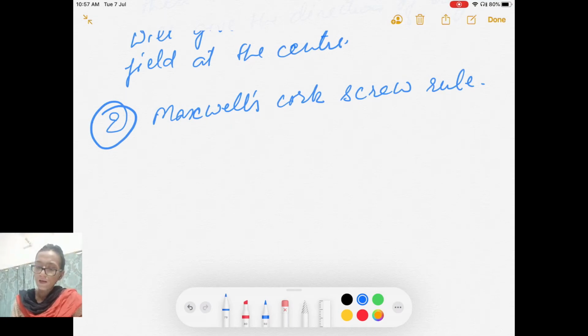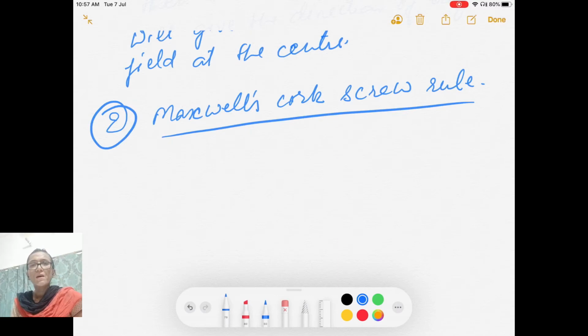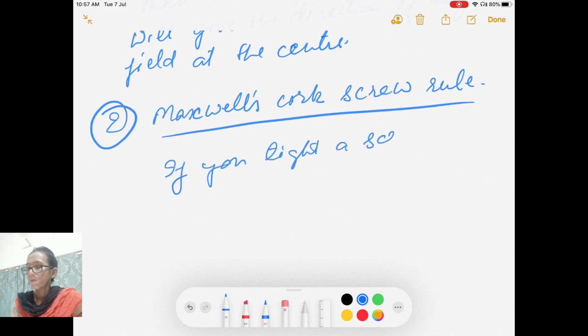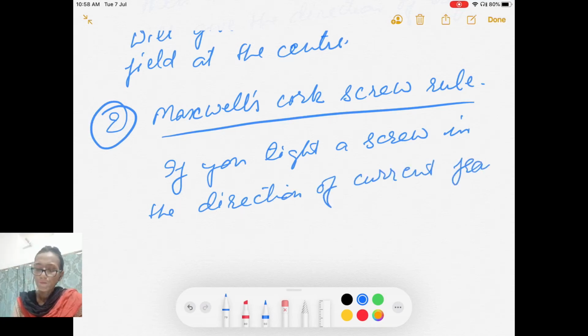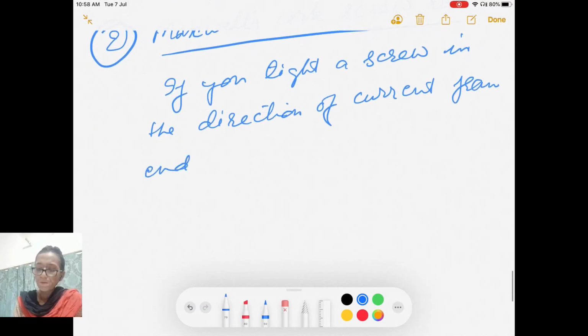If you tighten a screw in the direction of current from one end point, then the direction of rotation will give the direction of magnetic field at each point.